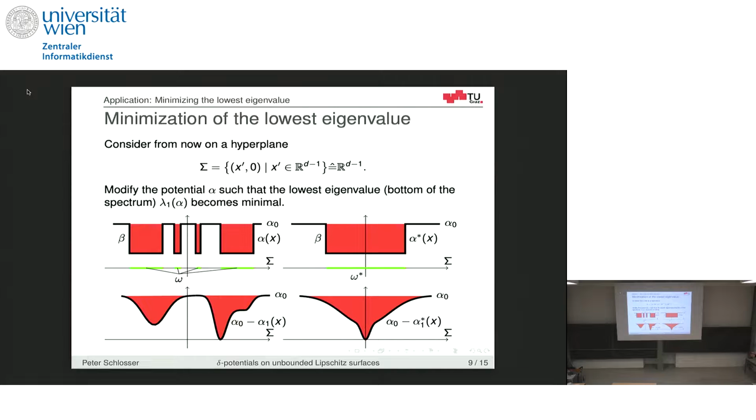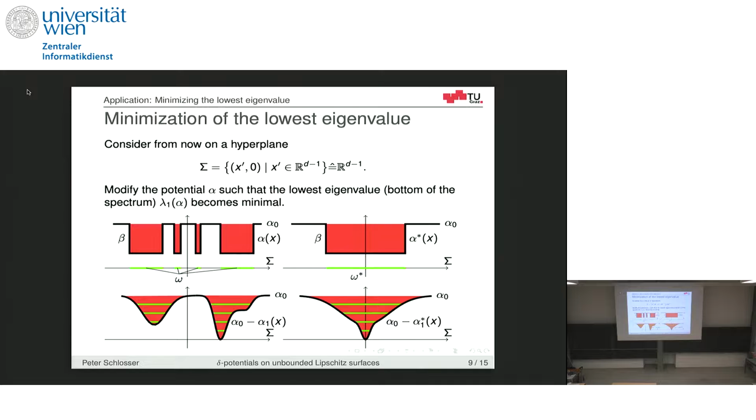You can also think of this in a different way. You put here these potential levels, and at some function value, the length of this green line here is the same as here and here. I sum them up and shift them to the middle, and this is the function which occurs. This is the intuition for how this alpha 1 star, or this omega star in the first picture, looks like.